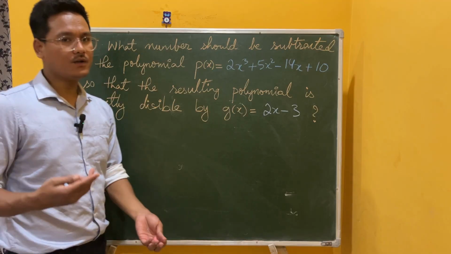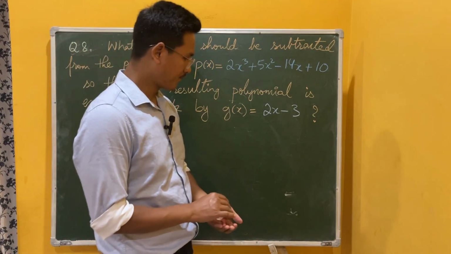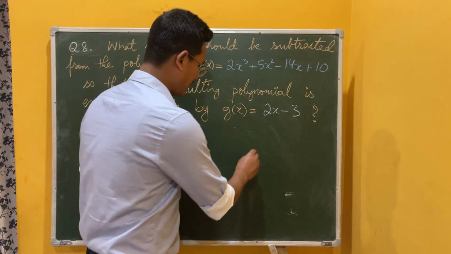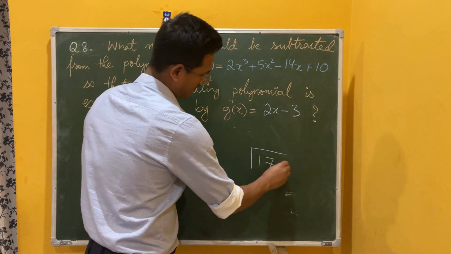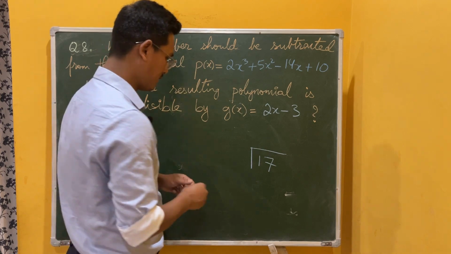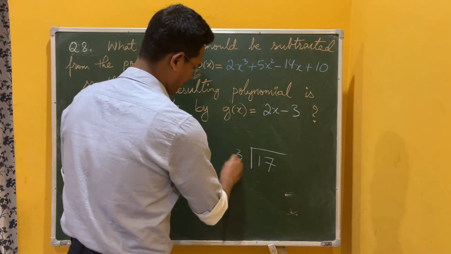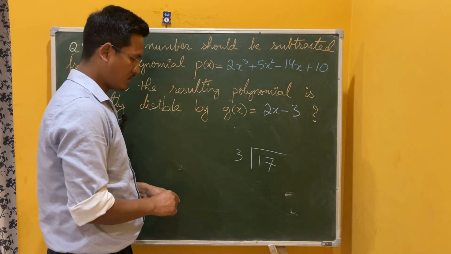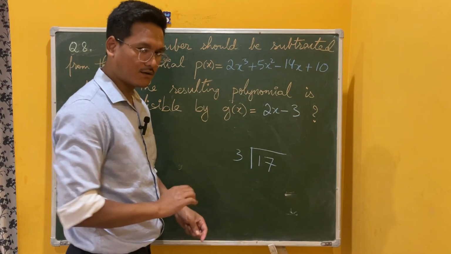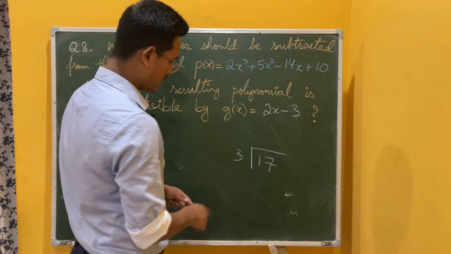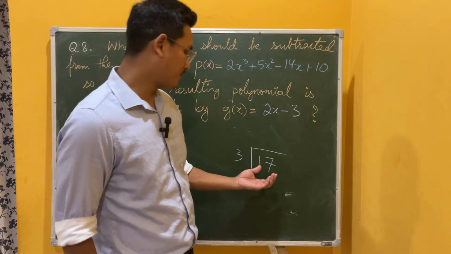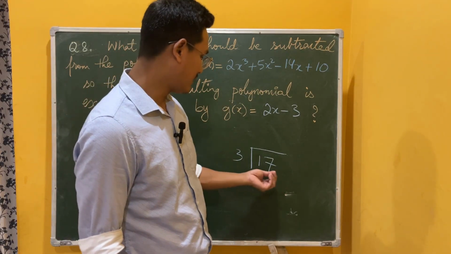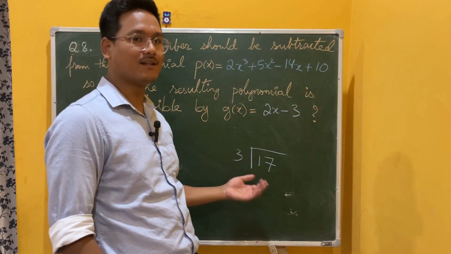Here what you need to understand is, for example, let's say you were dividing 17 by 3. So 17 is not exactly divisible. How much should you subtract from 17 so that it is exactly divisible by 3?